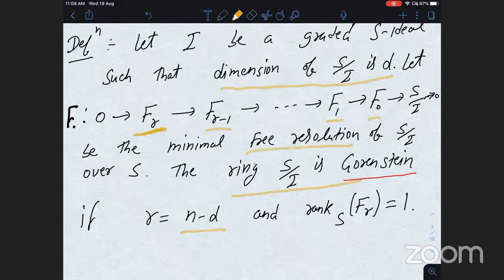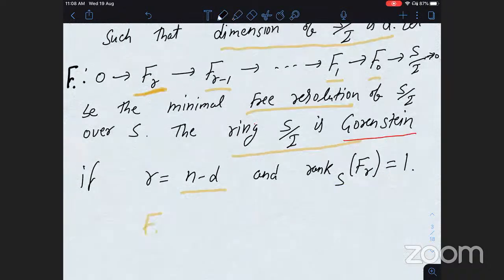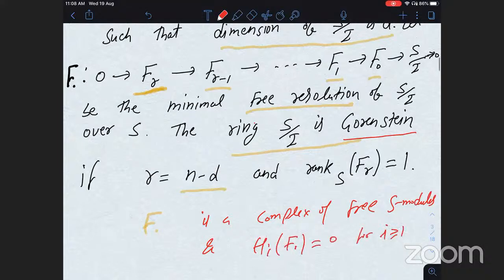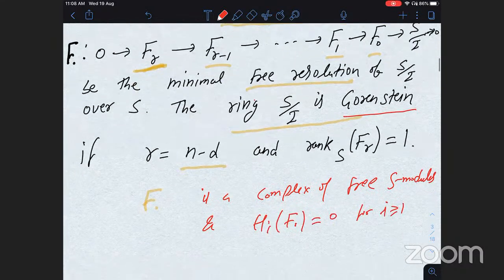So a free resolution of S mod I over S is a complex F dot of free S modules such that H_i of this F dot is equal to 0 for i greater than or equal to 1, and H_0 of this is equal to S mod I. So I'm defining it in this particular case only.